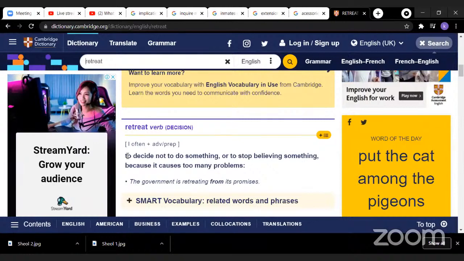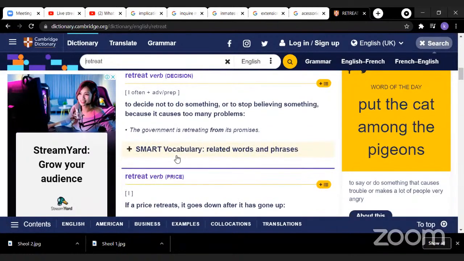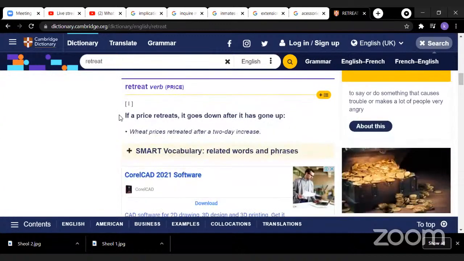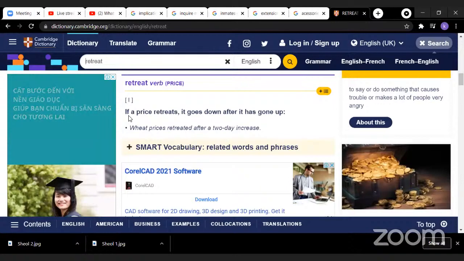Right. But the next definition, to decide not to do something or to stop believing something because it causes too many problems. That's retreat as a verb. Okay, retreat as it has to do with price. If a price retreats, it goes down after it has gone up.